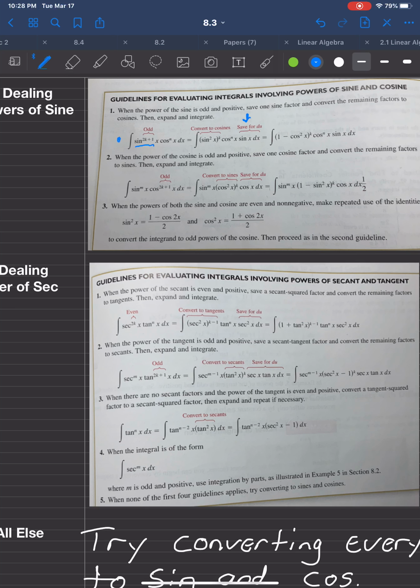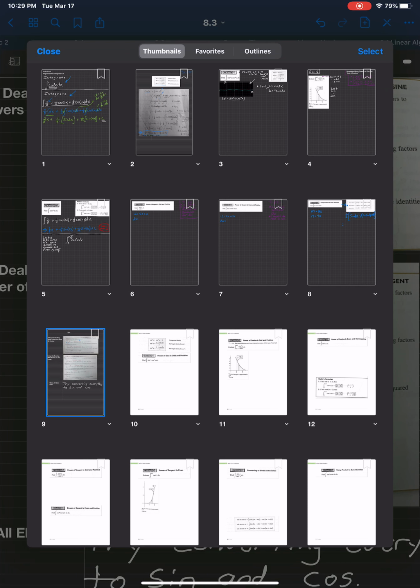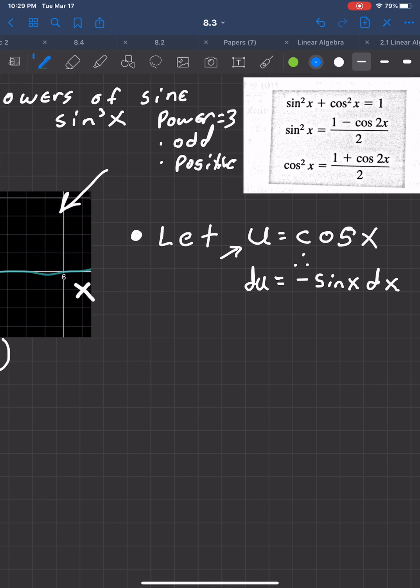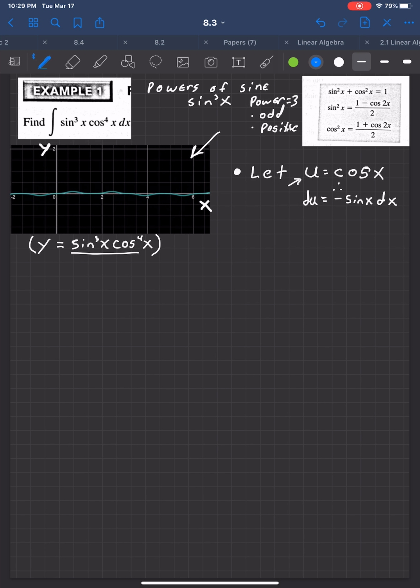So you got to listen to me right now. The goal is you're going to use u substitution. In this case, we are going to let u be cosine of x. But immediately look at the consequence: if we let u be cosine of x, that means du is negative sine of x dx.